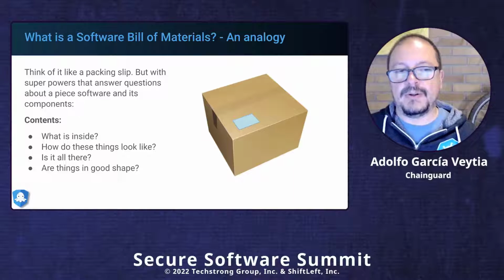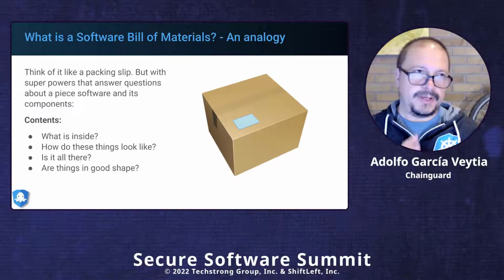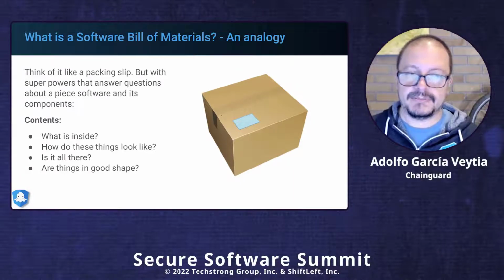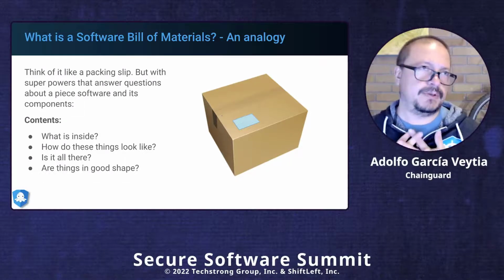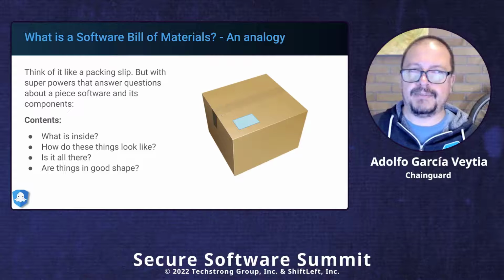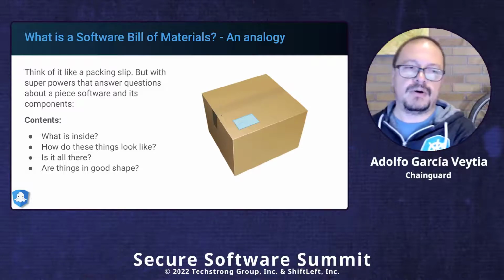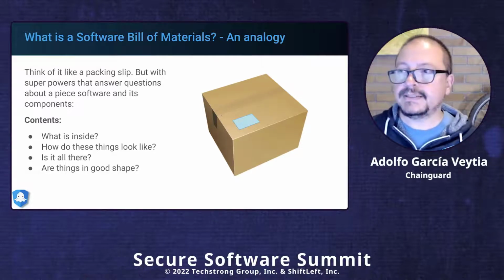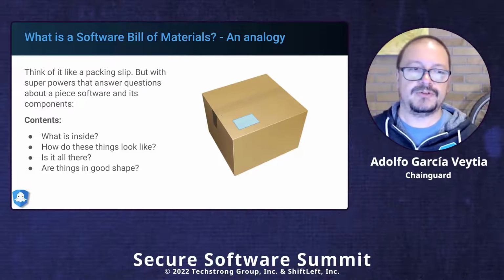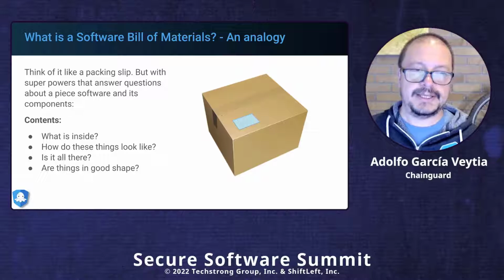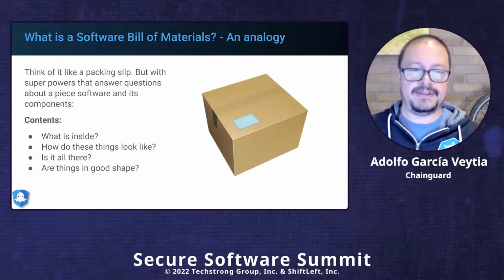It'll tell you what you can expect to find inside of the box. It'll tell you what these things look like sometimes. For example, if you have a piece of red clothing or blue clothing. It'll help you figure out if everything that you should find inside of the box is in there, the number of pieces and things like that.